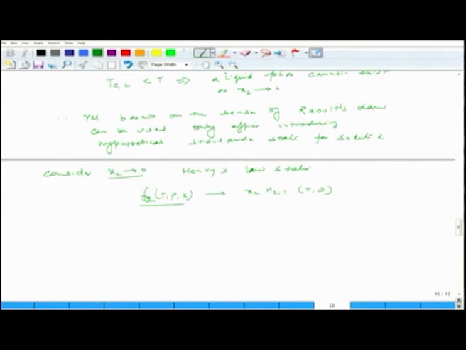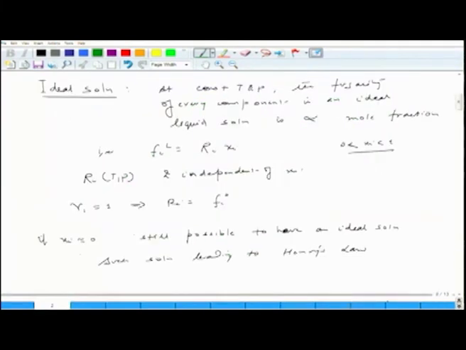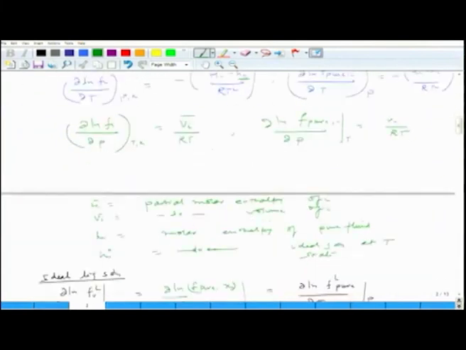Okay. So, going back to the original definition of the fugacity which we came up with here, if you look at this expression, okay. So, what would be R2 in this case? Okay, R2 would be f2L divided by x2, where x2 approaches 0.